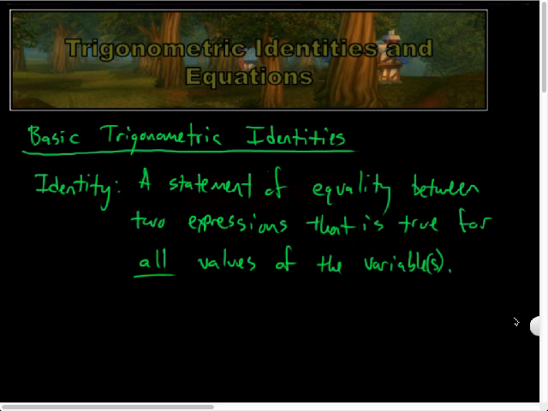I'll put the S in parentheses, so there's some optional plurality there. Technically it says of the variables for which the expressions are defined. Good enough. So an identity is a statement where anything I input for those variables will still result in that statement being true. It's true all the time.